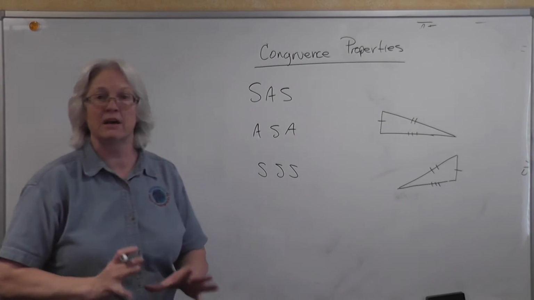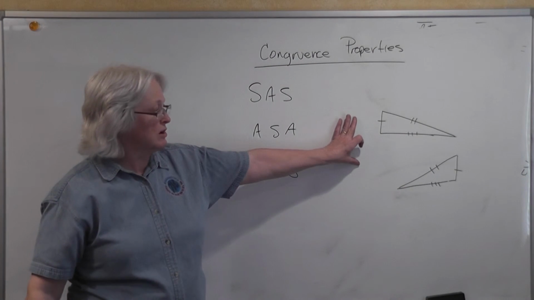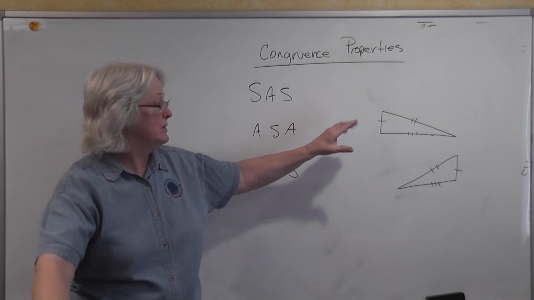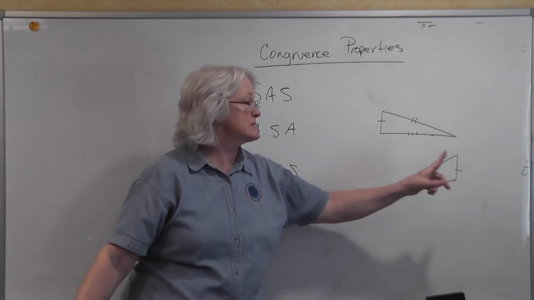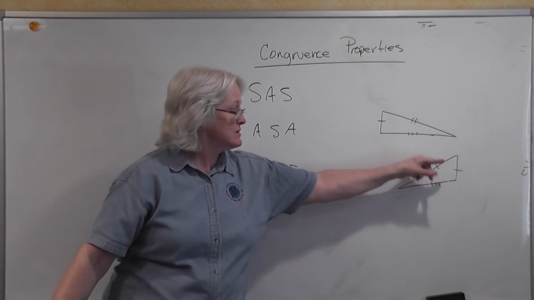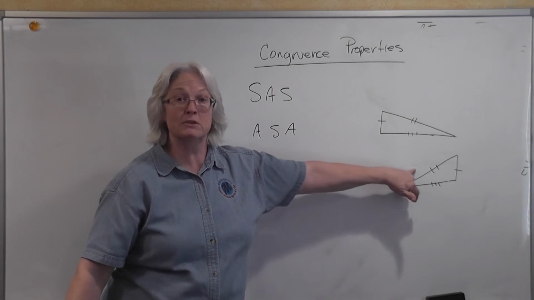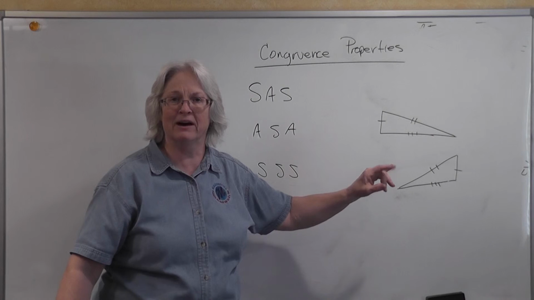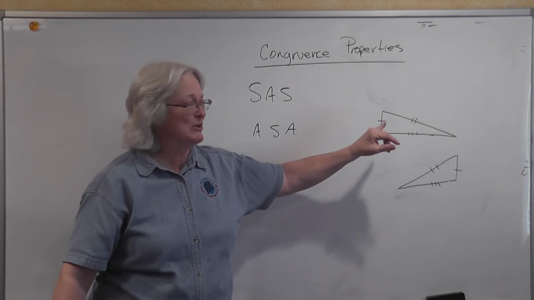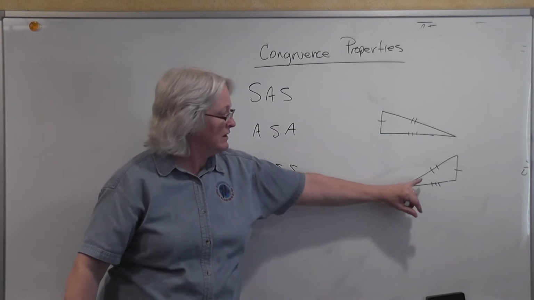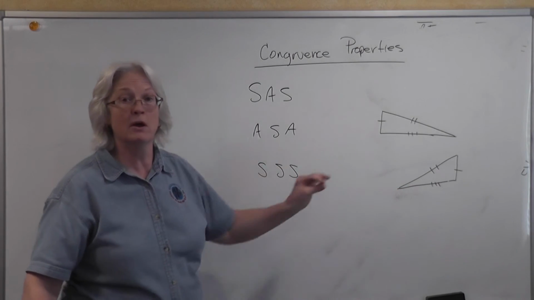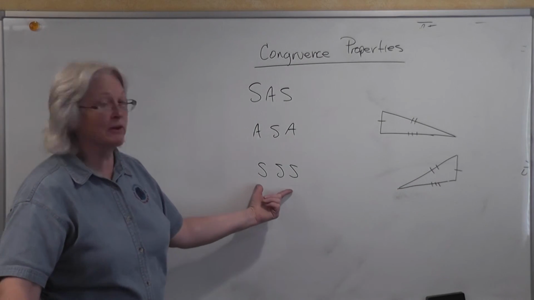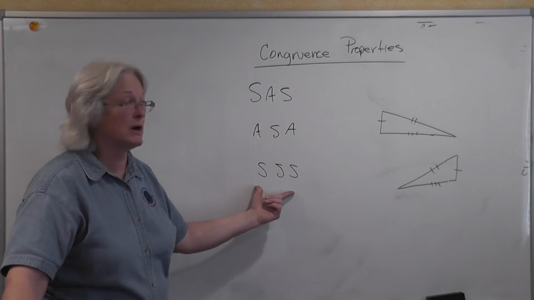This quick little sketch here shows me two triangles that are roughly the same, but this tells us that this side is the same, that these two sides are the same, the hypotenuse are the same. I think it's hypoteni, but I've never heard anybody use it. And the base of the triangle, they all have the same. So these two triangles are congruent by the congruence property side, side, side.